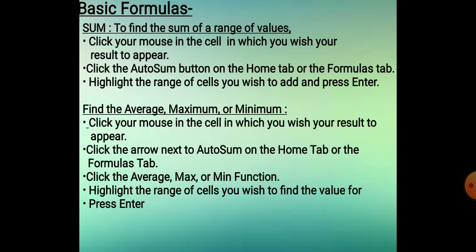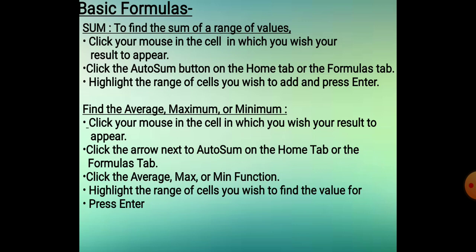Find the average, maximum or minimum. Use the AVERAGE, MAX or MIN functions. Firstly, click the mouse in the cell in which you wish your result to appear. Click the arrow next to AutoSum on the Home tab or the Formulas tab.